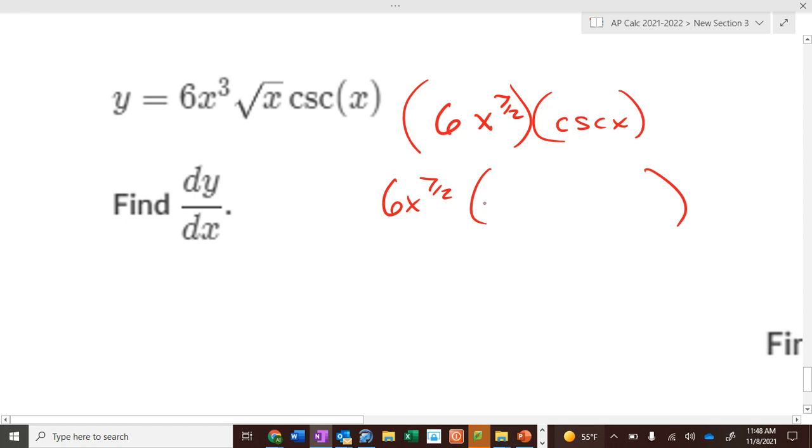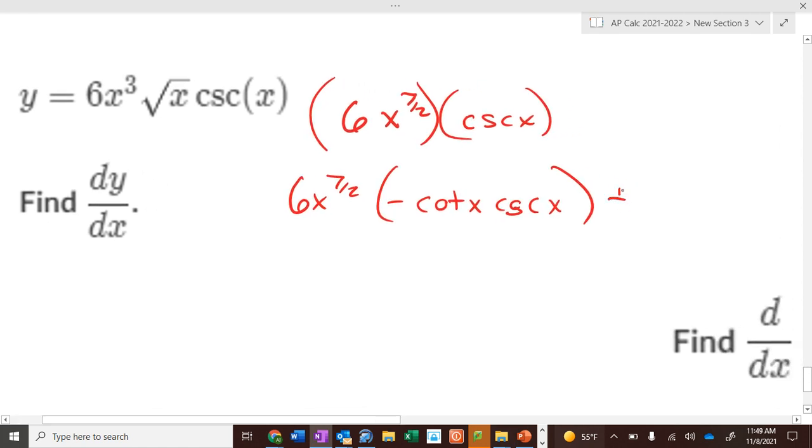Negative cosecant cotangent. Right? And then plus cosecant of x times 42 halves, which is 21x to the 5 halves.